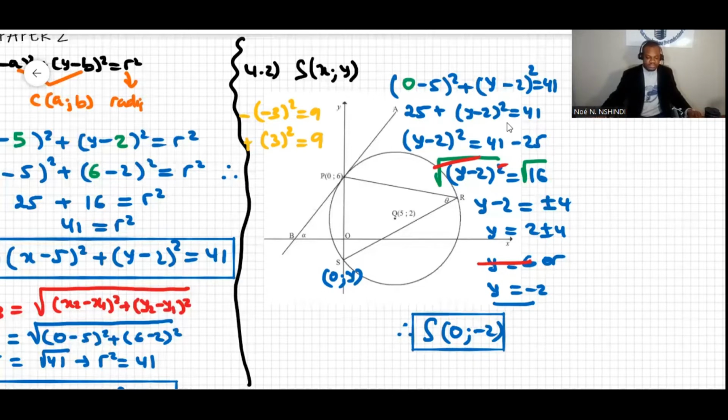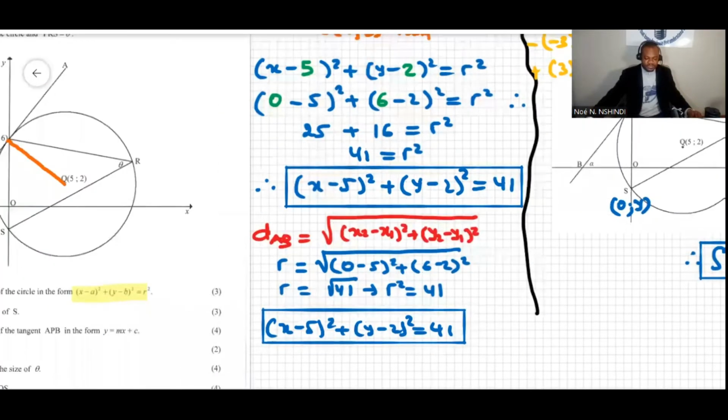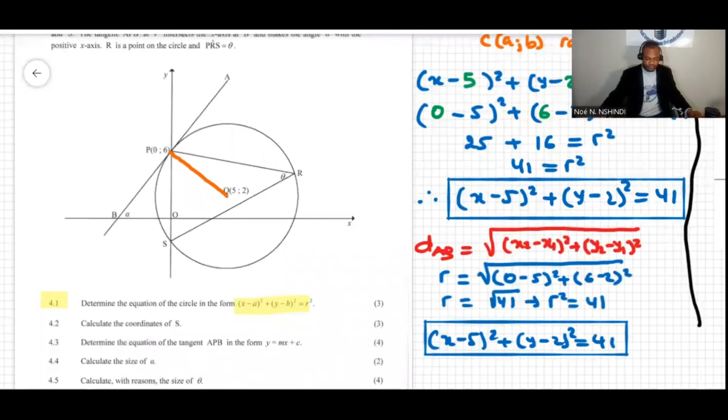Now, let's see what else do we have. The next must be question 4.3. We'll go over here to see question 4.3. What does question 4.3 say? So we did 4.2, now we need to do 4.3. The question says determine the equation of the tangent APB in the form y = mx + c.